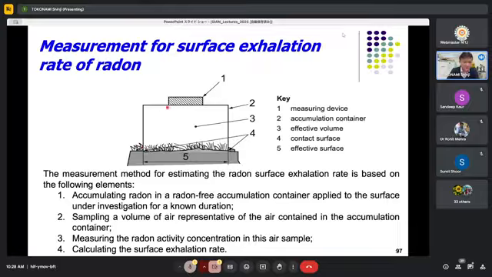This is the accumulation chamber. You see, we have to estimate the effective volume and contact surface and effective surface.